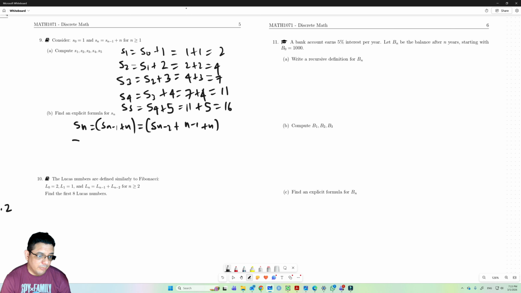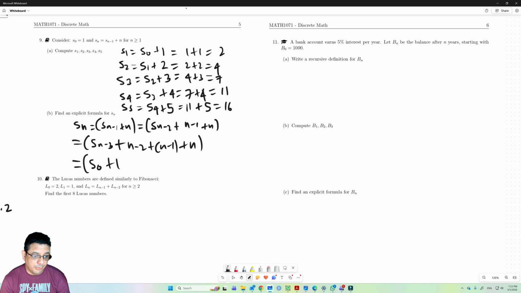And then I can go, well, S of n minus 2, I can return to S of n minus 3. And so it's going to be S of n minus 3 plus n minus 2 plus n minus 1 plus n. So I can continue going backwards, and I can reach S0, and then I'm going to have plus 1, plus 2, plus 3, plus n minus 1 plus n.